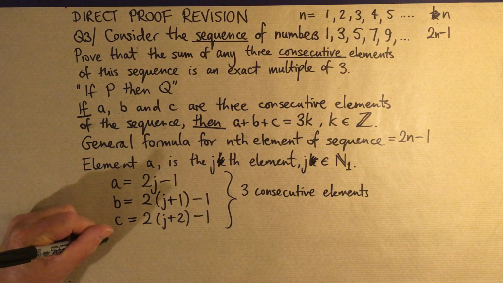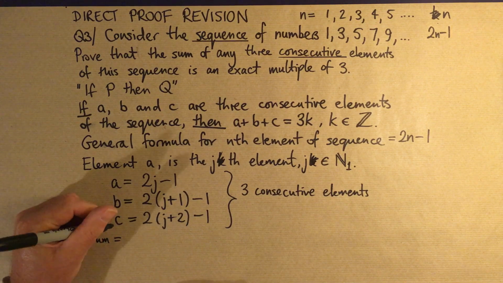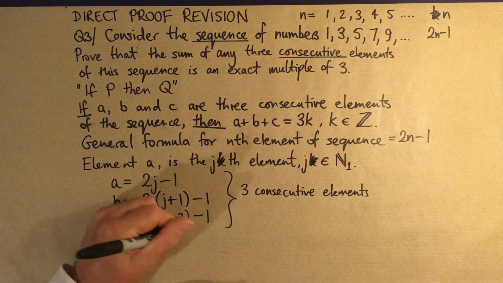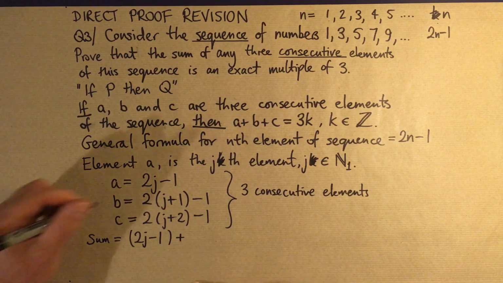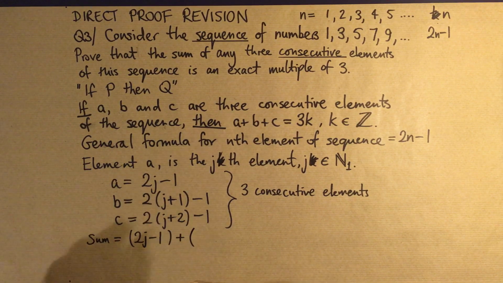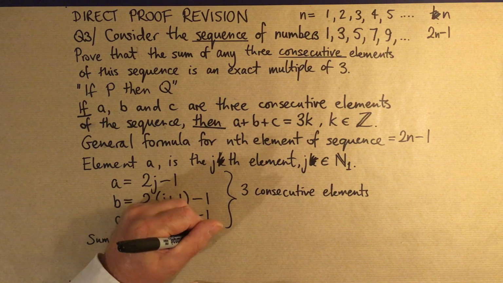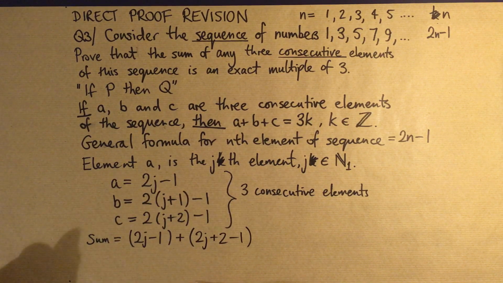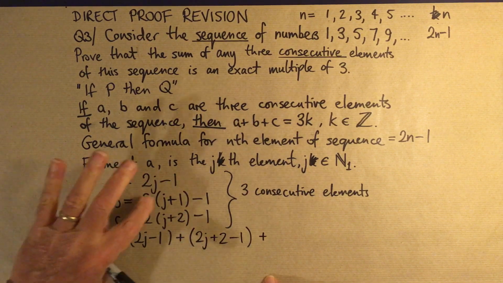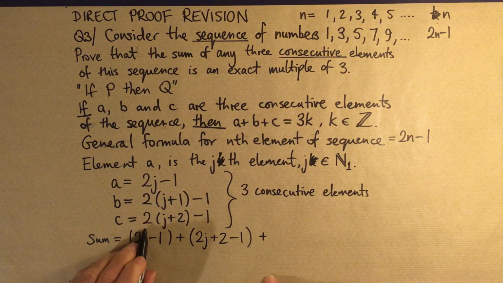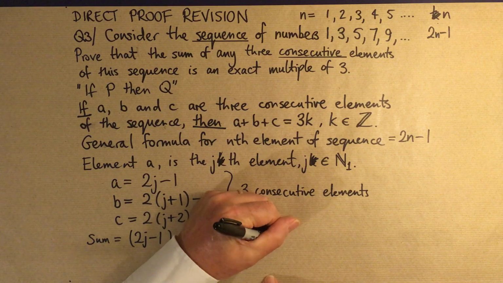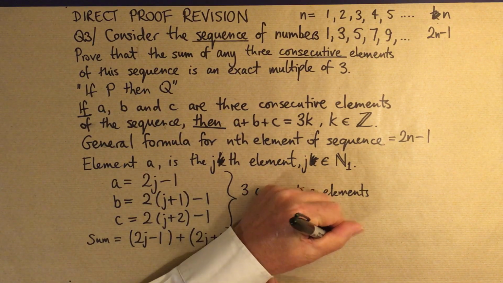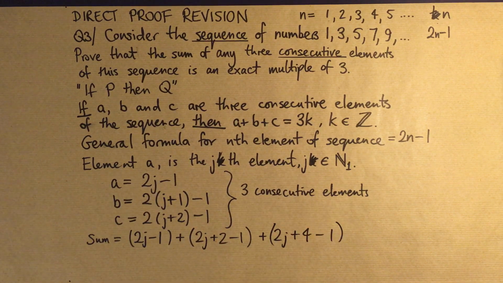So the sum is going to be equal to 2j minus 1, that's the first one. Then let's do some simplification here. So it's going to be 2j plus 2 minus 1. So I've just multiplied out that bracket there. And then this one is going to be 2j plus 4 minus 1. So that's my sum there.